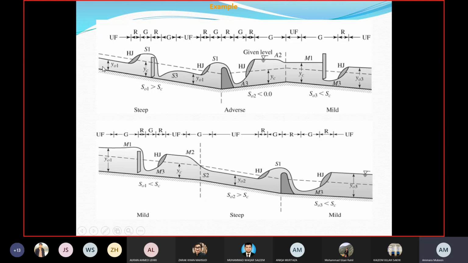So if you have those lines, just try to think how you can sketch the water surface profile, and just remember how you know that the flow is supercritical.